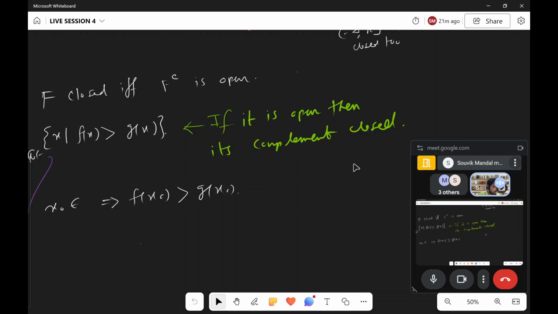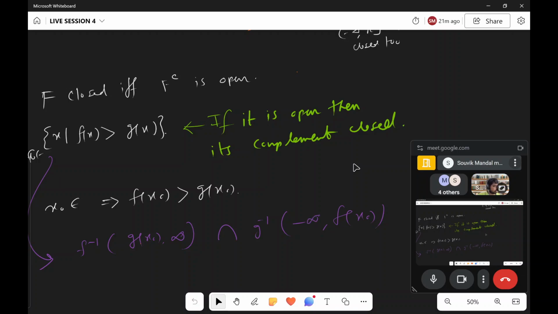We can write it as follows. This set can be written as f inverse of (g of x naught, infinity) intersection g inverse of (minus infinity, f of x naught).